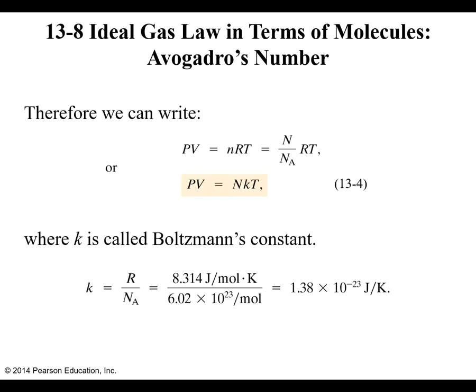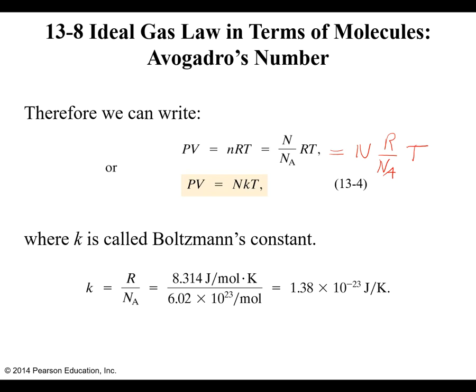And we can use this in our ideal gas law equation. We have PV equals nRT. But lowercase n, the number of moles, is going to equal the number of molecules divided by Avogadro's number. Just rearranging the equation a little bit, R and Avogadro's number are both just constants, so we can combine those into one constant.